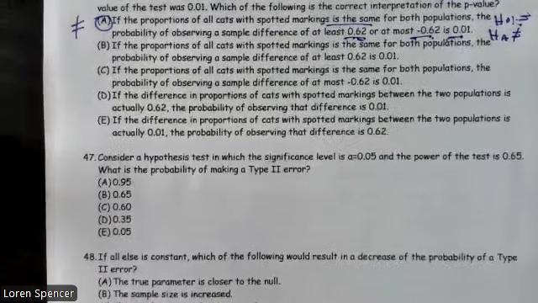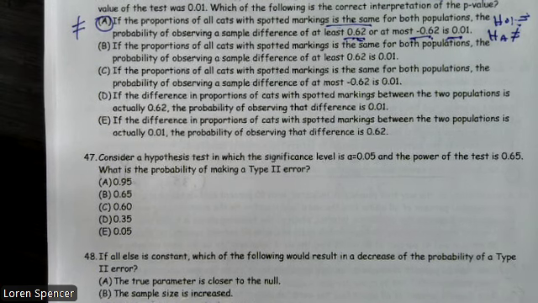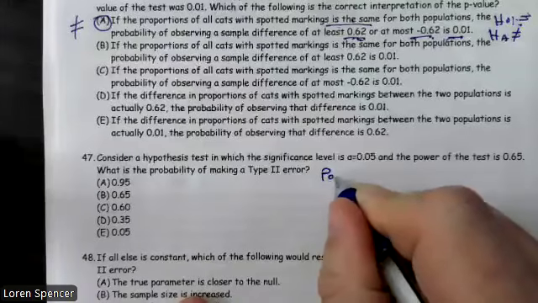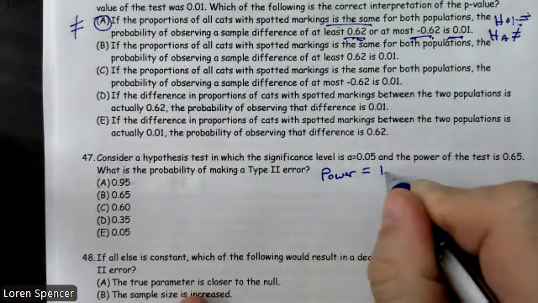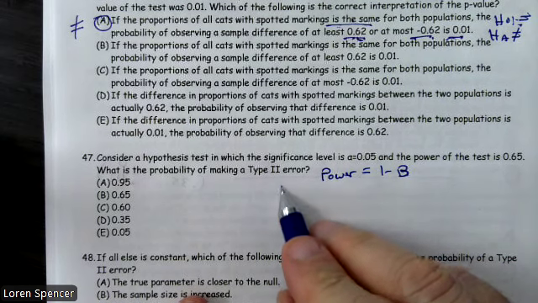Consider a hypothesis test in which the significance level is alpha equal 0.05 and the power of the test is 0.65. What is the probability of making a type 2 error? Well, power equals 1 minus beta, and beta is the probability of a type 2 error.